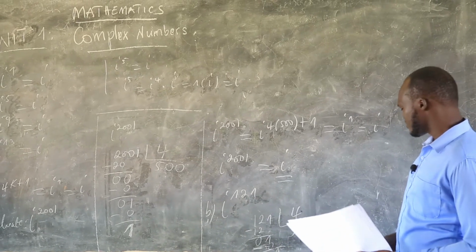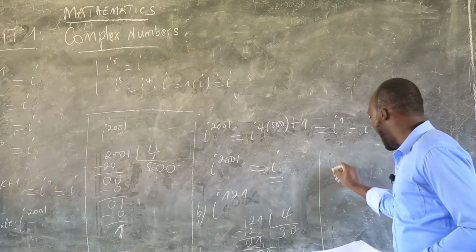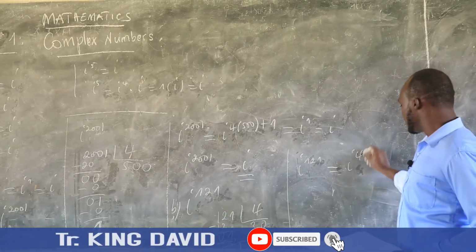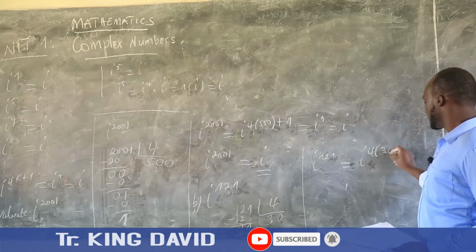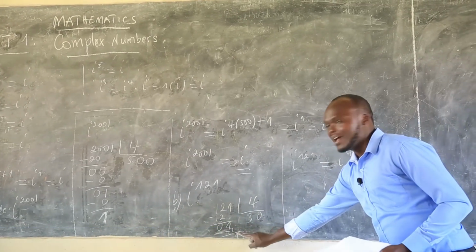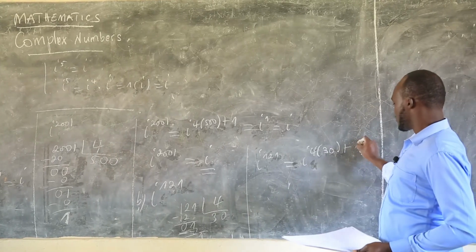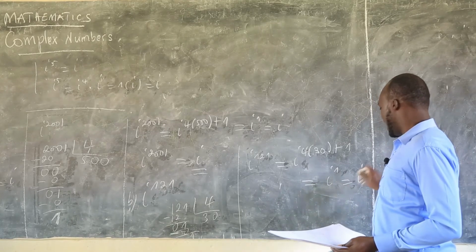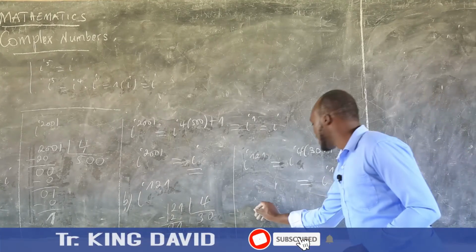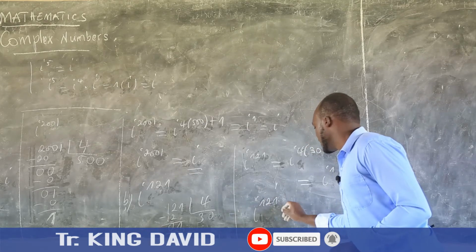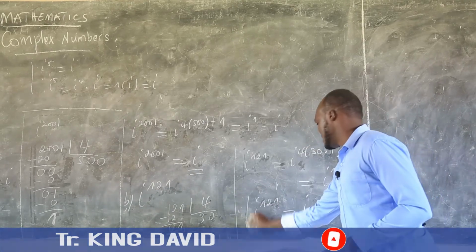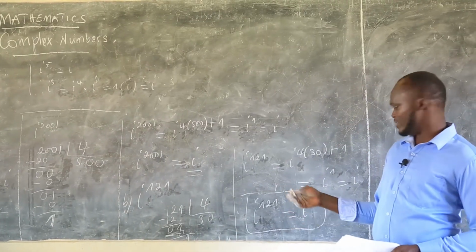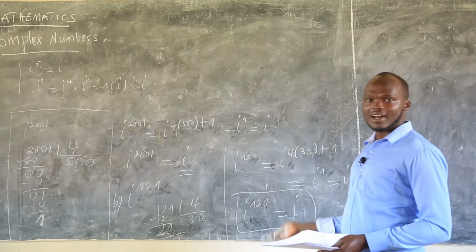So now from there, we have i^121 as i^(4(30) + the remainder, 1). So which is the same as i^1 and which is i. So simply means that i^121 equals i. So this is the answer. So you just take the power you have, you divide by 4, the remainder gives you the answer.